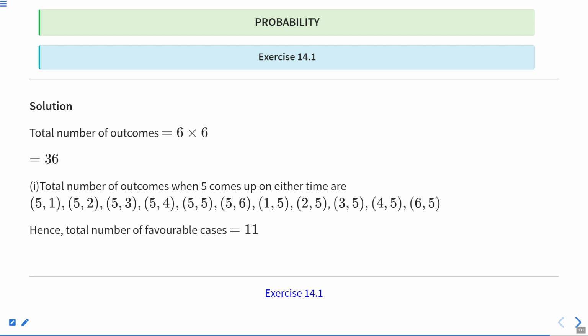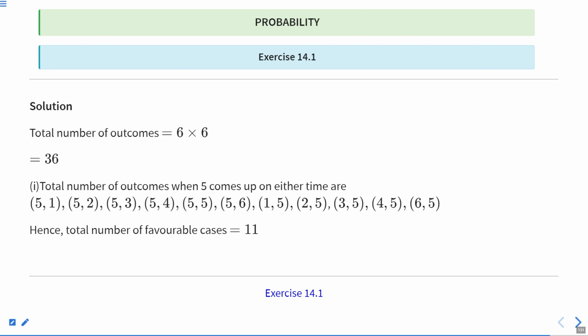And now total number of outcomes when 5 comes up either time are 5,1, 5,2, 5,3, 5,4, 5,5, 5,6, 1,5, 2,5, 3,5, 4,5, and 6,5.